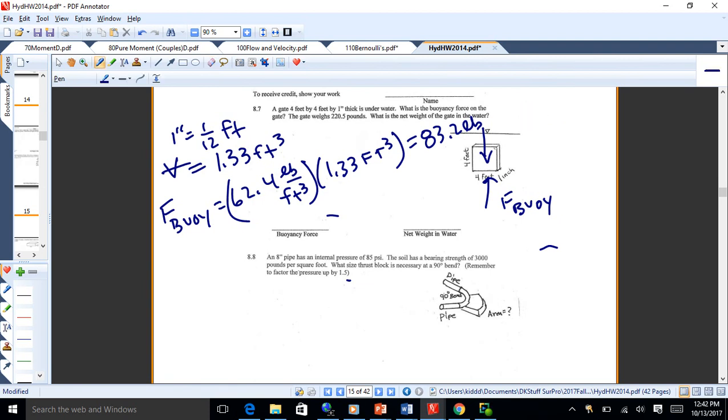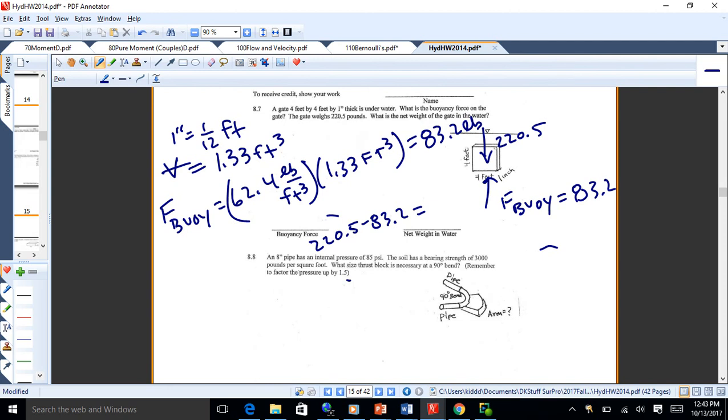So you've just found the buoyancy is 83.2, and then you just have to take the difference basically. So 220.5 minus 83.2, that'll get you the net weight or net force on that thing.